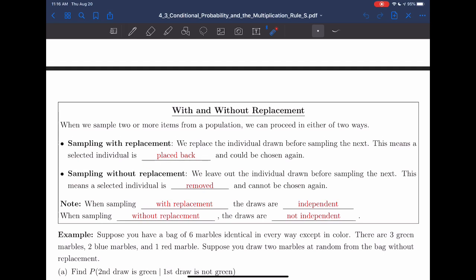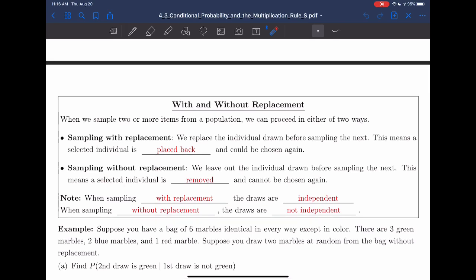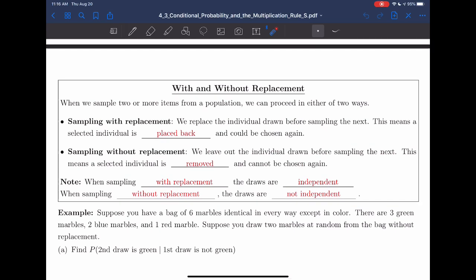However, sampling without replacement means that when you select an individual from your population, you have to remove it so it can't be chosen again. In other words, there's no repeat. And one thing you want to note is that when you do sampling with replacement, these draws are independent, and when you do sampling without replacement, these draws are not independent.